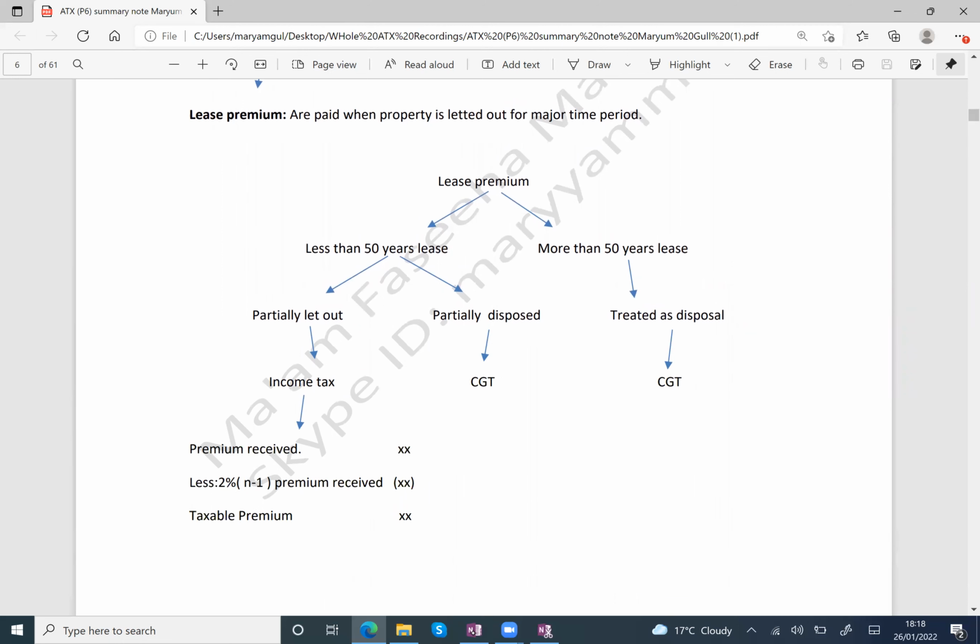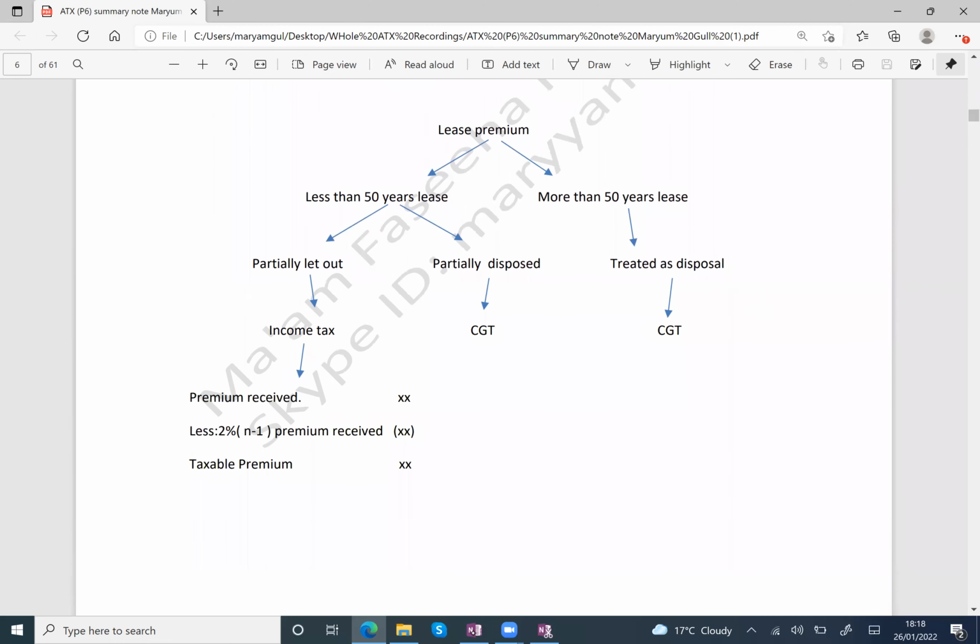So how to pay the tax on lease premium? You can see the second sketch, lease premium. On the right side, you can check whether it's a more than 50-year lease, or on the left side, a less than 50-year lease.